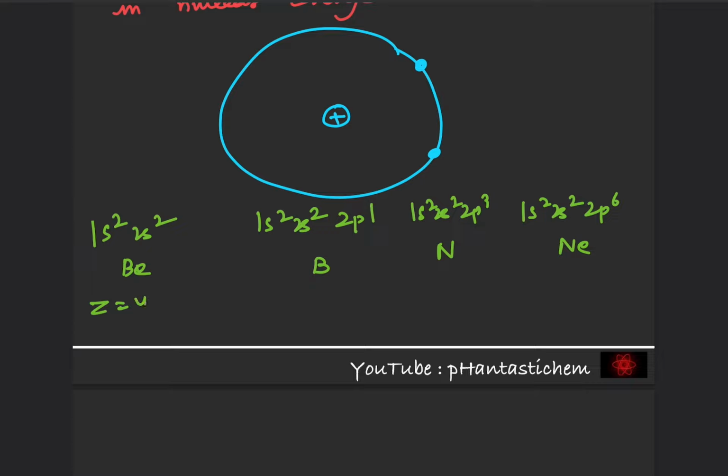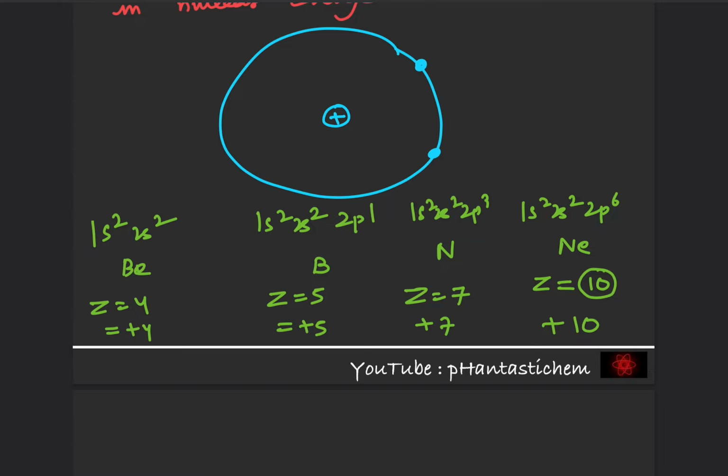Their atomic numbers are 4, 5, 7 and 10, so the nuclear charge will be plus 4, plus 5, plus 7 and plus 10, because there are that many protons in the nucleus.